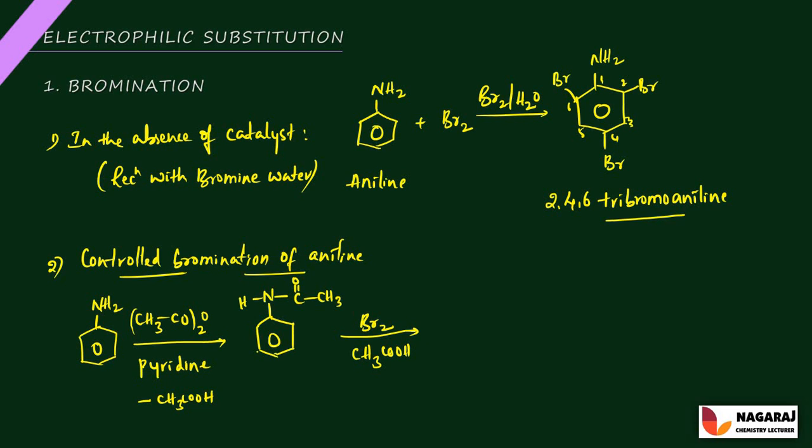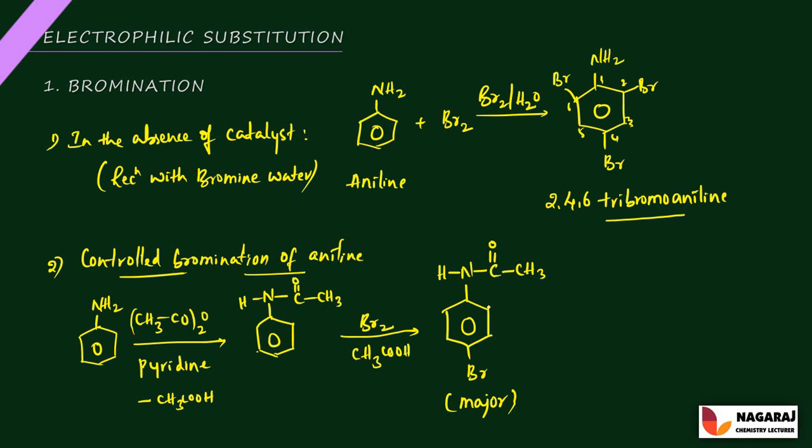That acetic acid is generated in the reaction itself, so it is not necessary to add extra acetic acid. An electrophilic substitution takes place, where the electrophile Br attaches at the para position. It is the major product.